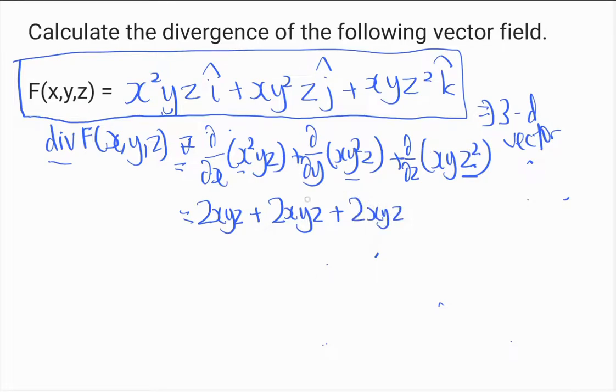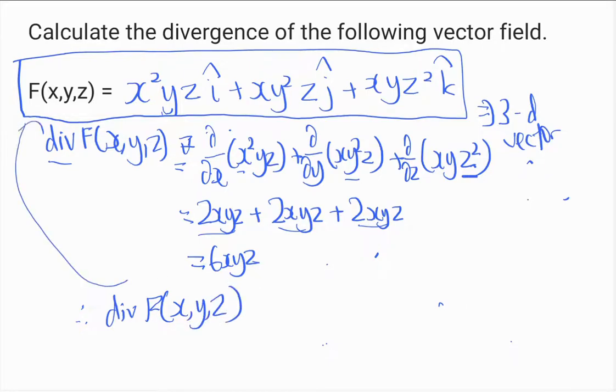You notice they are all similar, so therefore we can write 6xyz. So the divergence of f(x, y, z) is equal to 6xyz.